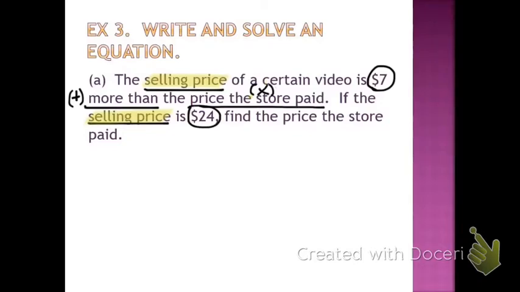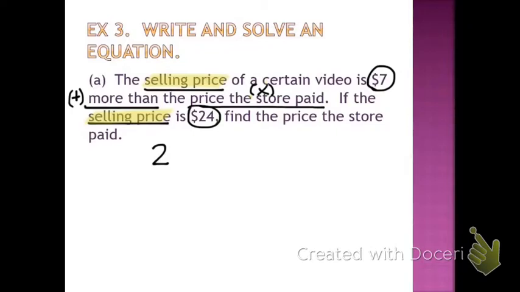Okay? So now we've got to figure out what the equation looks like. So it says the selling price of a certain video. Do we know the selling price? Yes. Yes, it's what? $7. It's how much? 7. No. Look, we highlighted selling price, selling price. What was the selling price? 24. 24. So we're now going to read the problem and we're going to fill in the information that we know.